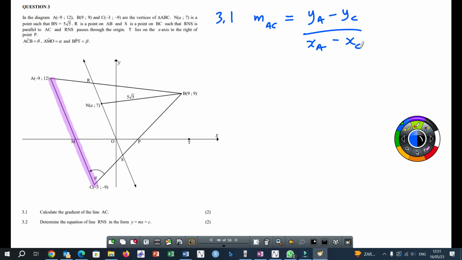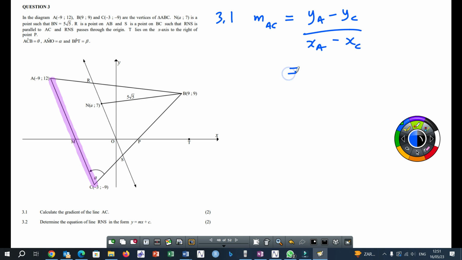Yeah, but if you're writing it in the form of an equation, this is the best way of writing it. I'm not saying if you write y2 minus y1 over x2 minus x1 is wrong. That's not what I'm saying. Don't get me wrong.